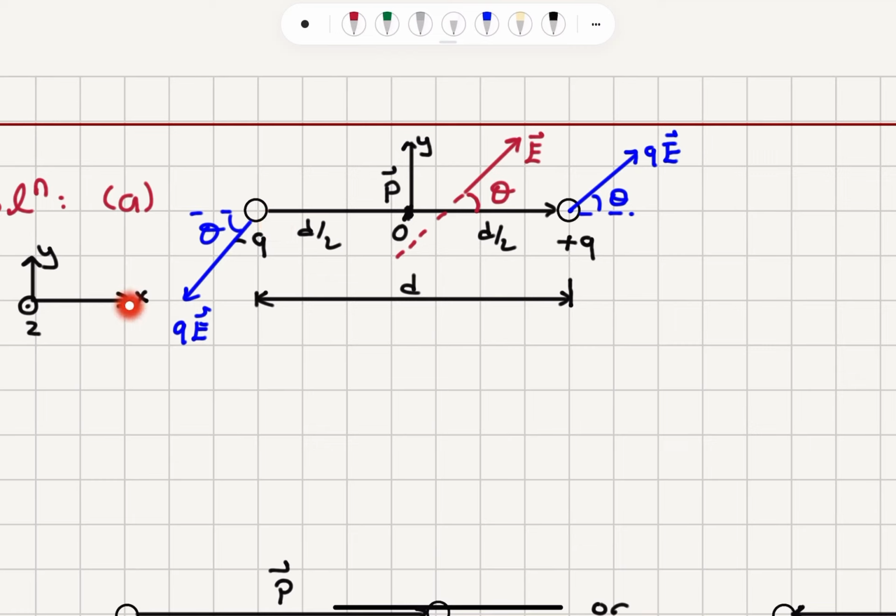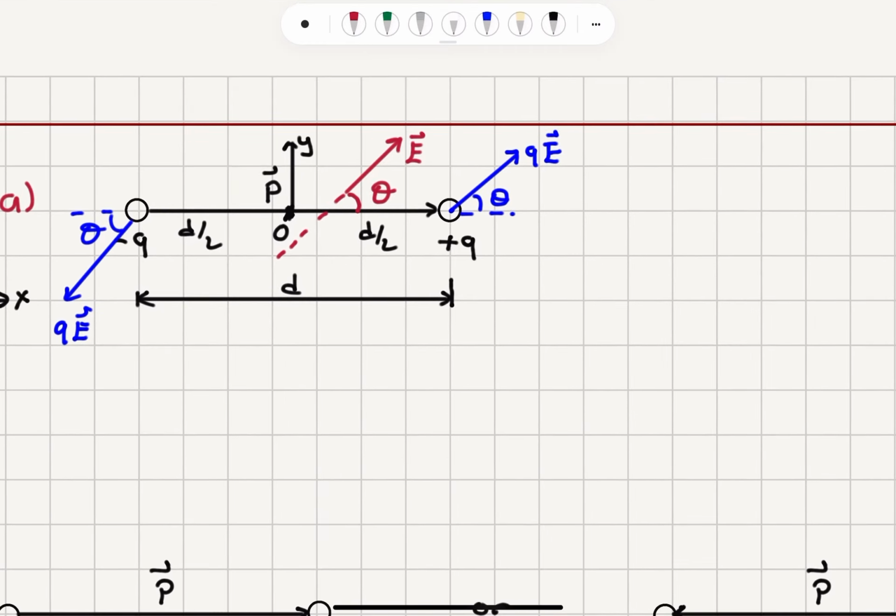And this is our x-axis, y-axis, and z-axis. So this implies that under the influence of this uniform electric field, this plus q feels an electrical force q times the electric field in this direction, parallel to the electric field. Minus q feels an electrical force q times electric field in a direction that opposes the electric field because of the negative charge.